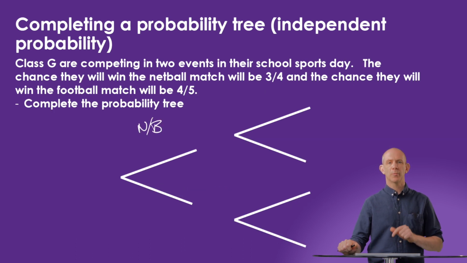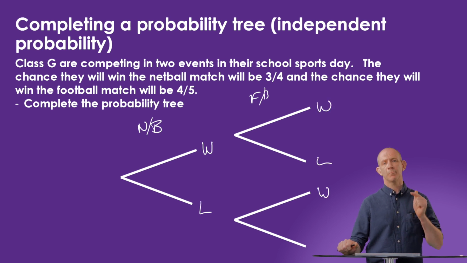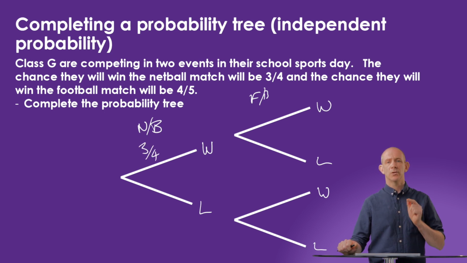We start to complete the probability by labelling the first set of branches netball and the second set football. The outcomes of the matches are either win or lose, so we place those as the outcomes for each of the matches. The chance of winning the netball match is 3 over 4, so the chance of losing will be 1 minus the probability of winning, which will give us 1 over 4.